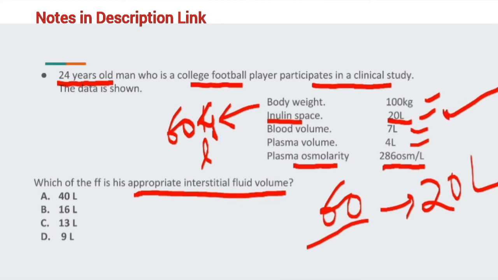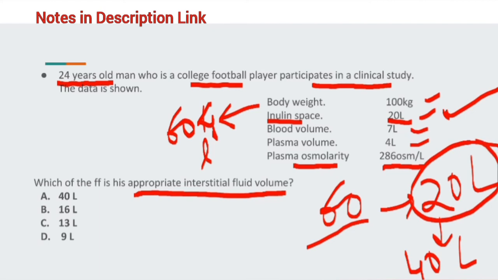It means that 40 liter is the intracellular fluid, and we know that the interstitial fluid volume is present in the extracellular fluid. So the interstitial fluid volume must be less than 20 liter.